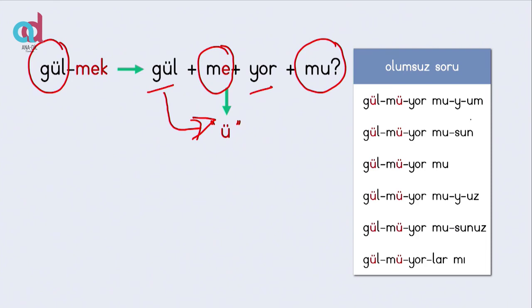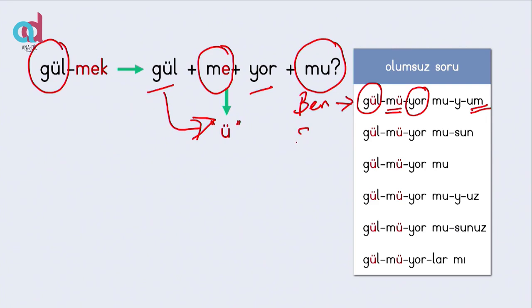Now we need to conjugate this, of course. Ben. When it is the first one, ben gülmüyor muyum? What happened here? It is exactly the same as the positive one. The only difference is that we just add our negative suffix between the root and our present continuous tense suffix, şimdiki zaman suffix, right?